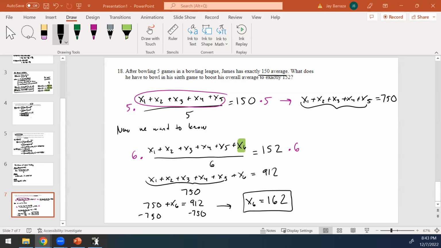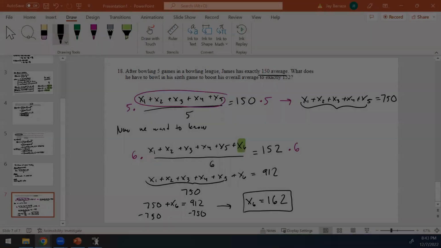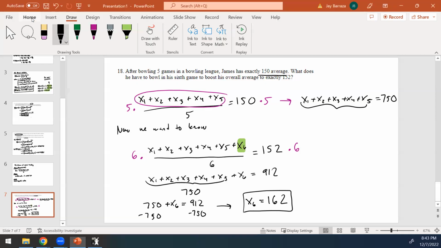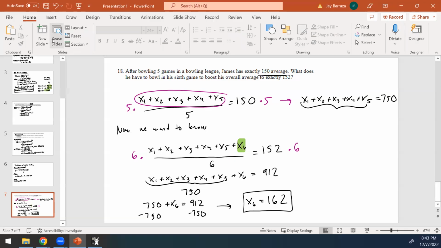Now what we want to look at is, what if I want to find the expected value using a probability distribution? That's always a fun problem. I want to do the roulette one because it's my favorite problem. So let's do roulette. Any questions on number 18 that I just did?